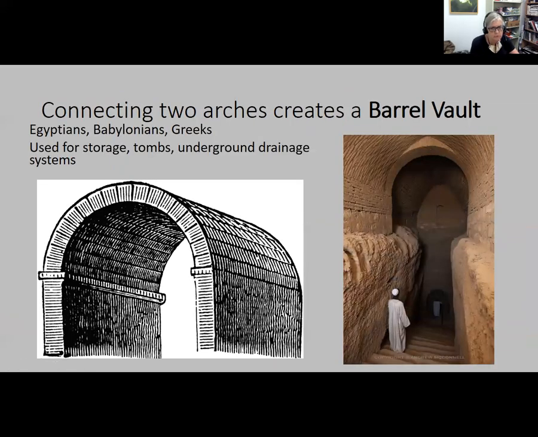When you take two Roman arches and you connect them, you get what's known as a barrel vault. And again, the Romans didn't invent this, the Egyptians, the Babylonians, the Greeks were using these, and they would make these little storage areas or tombs or drainage systems.